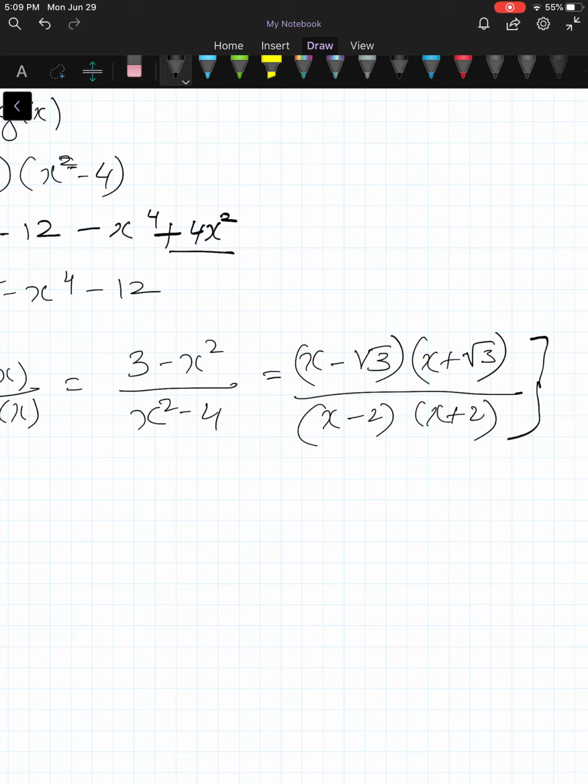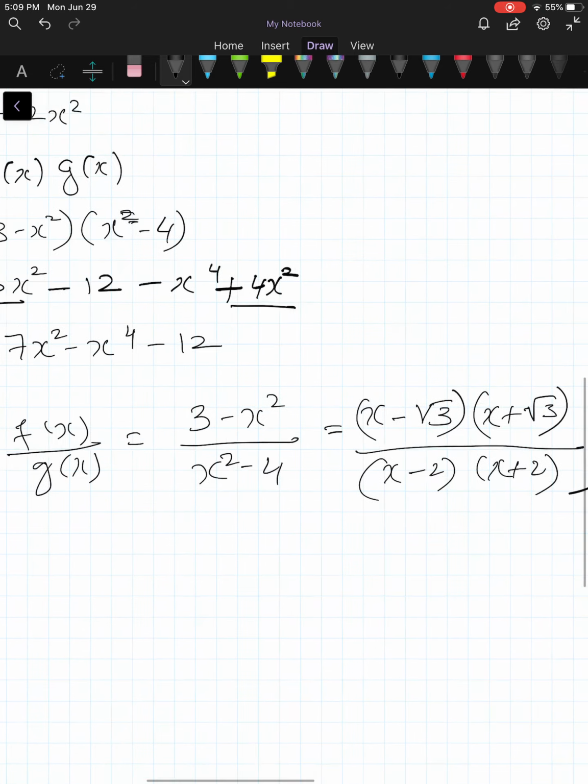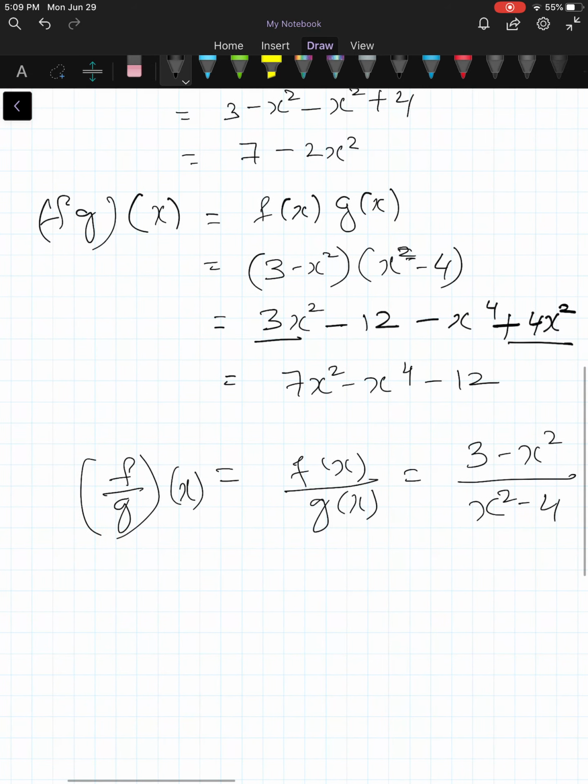Now we are also asked to find their domains. Let us do that.